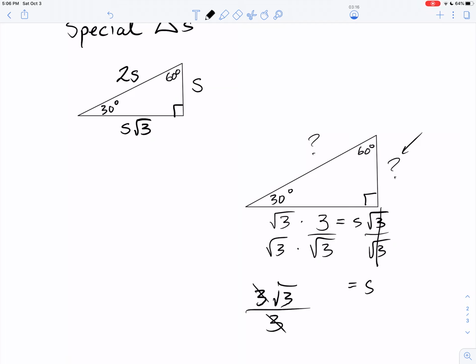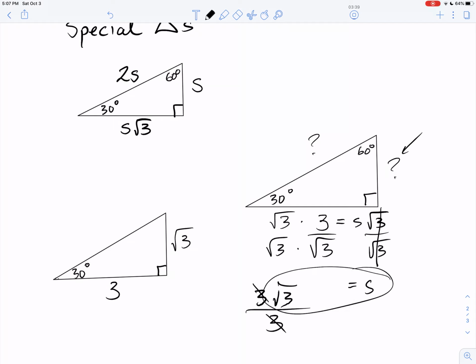So I'm just going to redraw it so it's not so messy. When they started me off, they told me this piece here was 3 units. So I found this piece, rad 3. That's what S is equal to. And then I say, wait a minute.